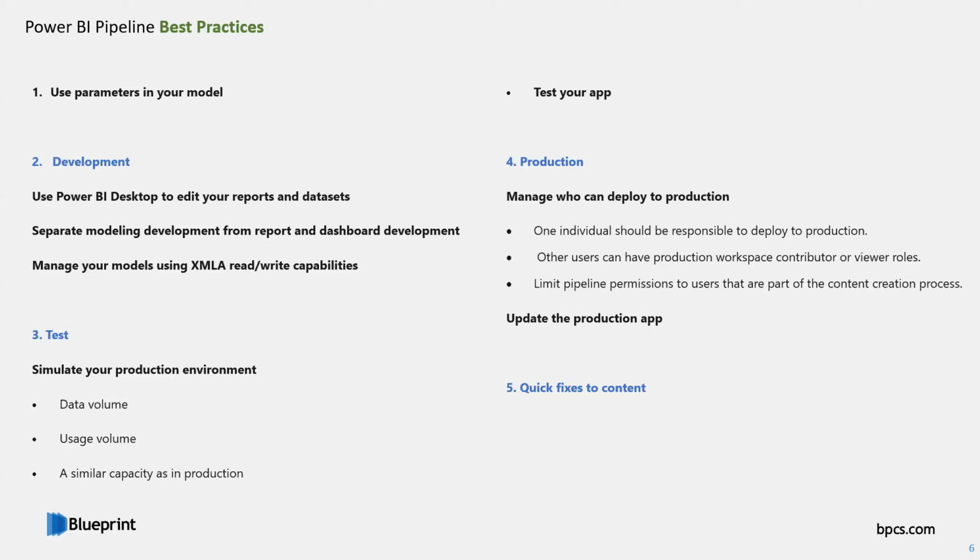And always test your app before pushing to production. And in production, as I mentioned, you can have only one individual be responsible for deploying, and manage the permissions to the workspace differently, and deploy according to what makes sense for your organization. That's it. It's pretty straightforward. I know it's a lot of information, but it's simple.